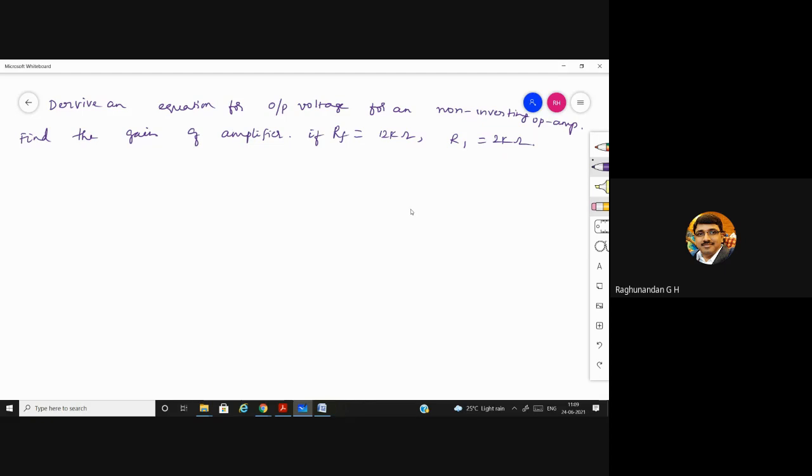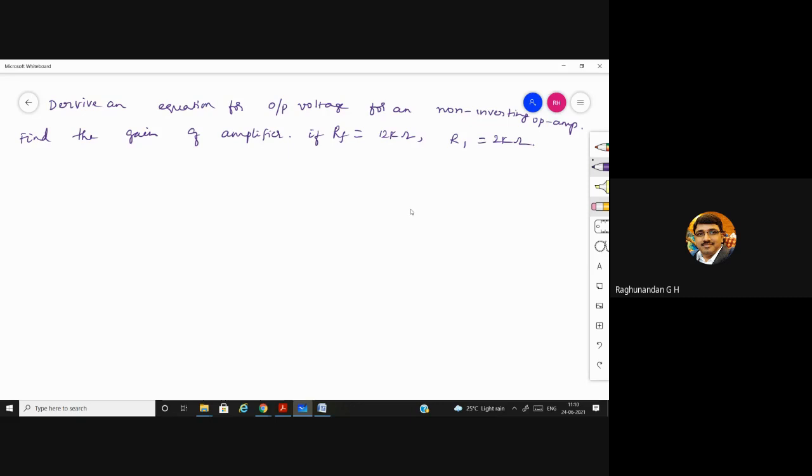So during that time, what you have to do is first derive the equation for that 5 input inverting op amp. In our discussion, we have done it for a 3 input inverting adder. But in the exam, they can ask you 5 input, 7 input, 3 input, 2 input, anything. The concept remains the same. The procedure remains the same for finding the equation. So first derive the equation.